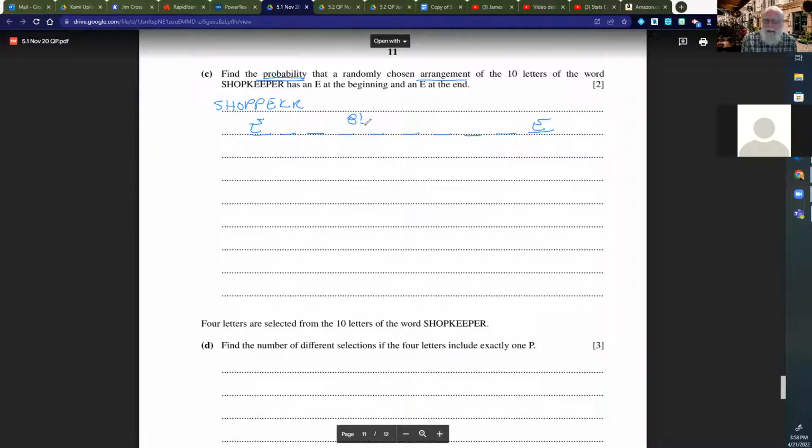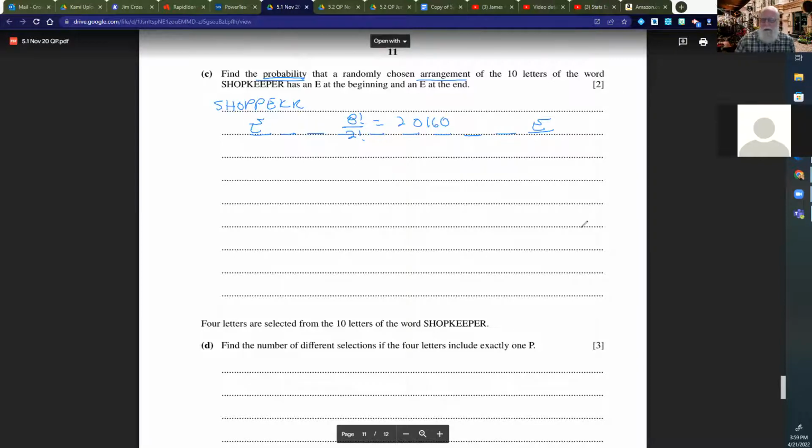Now, how many are duplicated? 2 of them. So I've got to take that into account, right? So how many ways can that happen? 20,160. All right. That's the number of ways that I can have an E on each end.